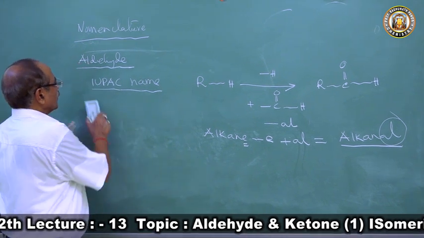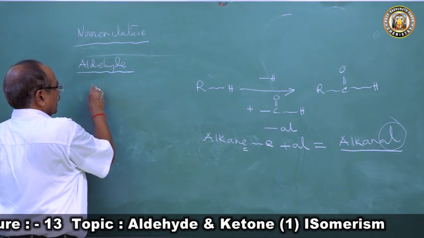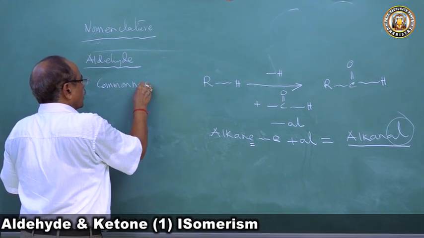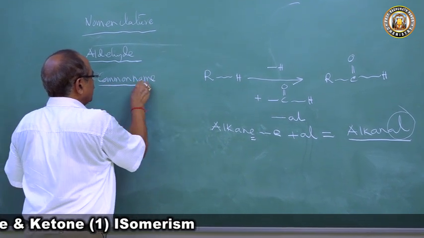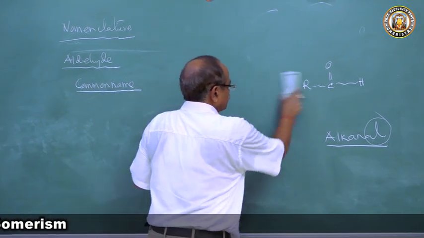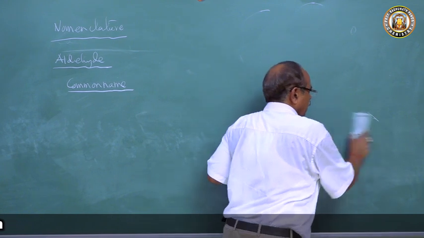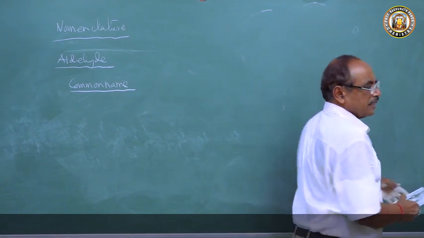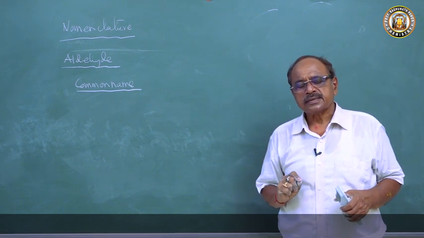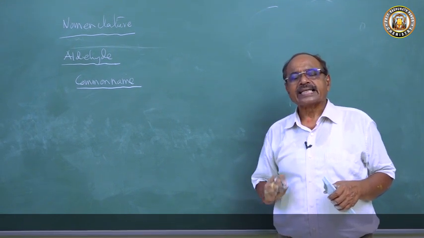Now we'll come to the common name of aldehyde. What is a common name? The common name is a name given to an organic compound depending on its origin, occurrence or a peculiar property it exhibits.